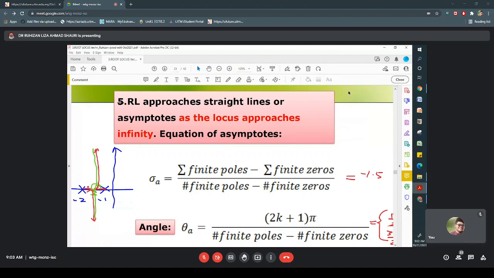Okay, so 5 basic rules, you can sketch already. So it is important to really understand it. It's not difficult, isn't it? The one that involves calculation is just number 5. And yet the calculation is just simple: total number and also the sum. Any question?